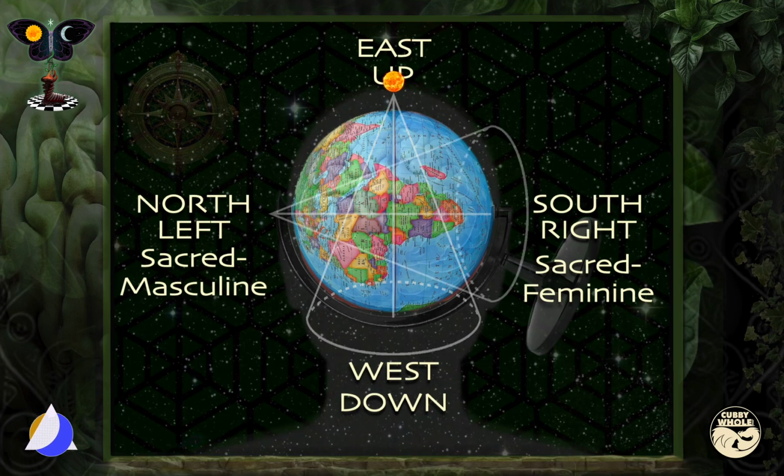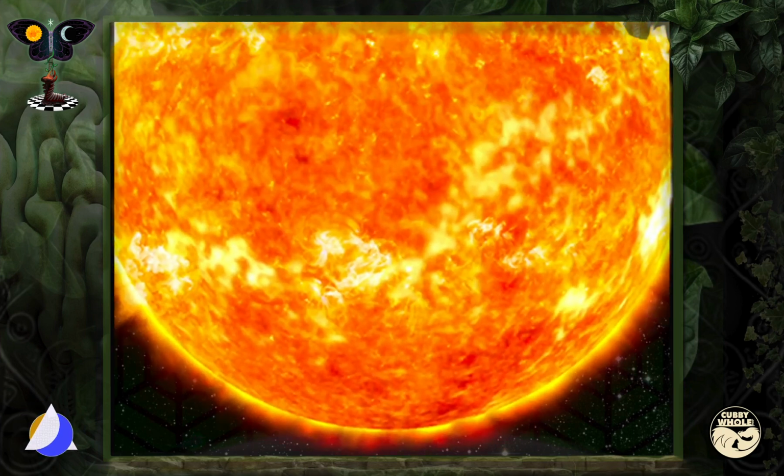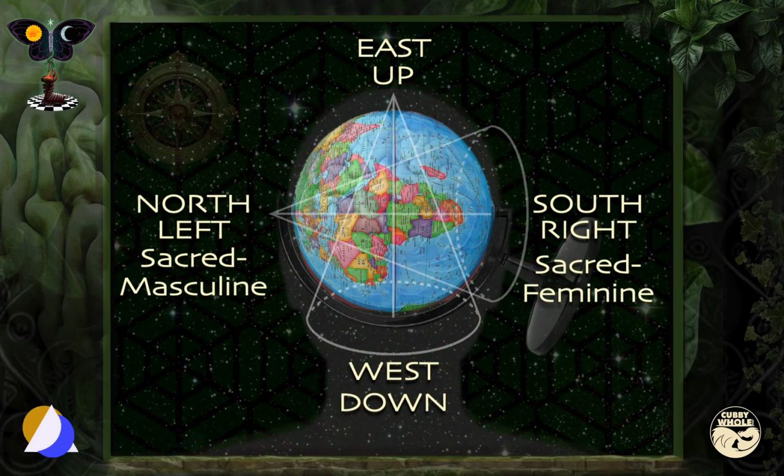Now, this little animation is just to make a point with orientation of the sun rising in the east in alignment to the equator, right, up and down. And like I just said, this orientation helps us understand a balanced rising light correspondence a lot better.